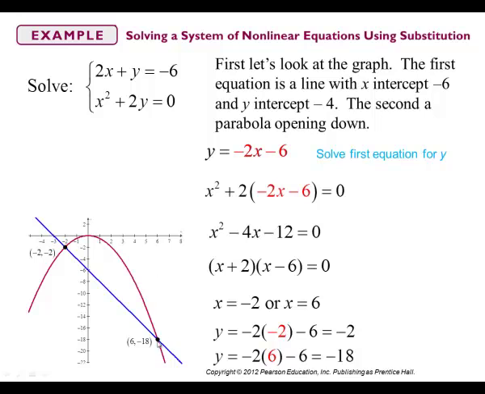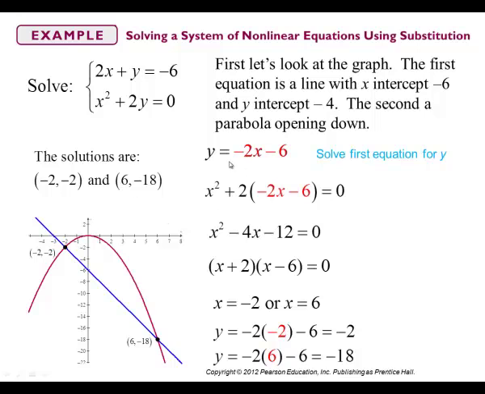So that means this would be 6, negative 18 for the second point. So you don't want to be totally reliant on being able to graph these on the calculator. You have to be able to algebraically show how the work is done. Okay, and there's our two solutions.